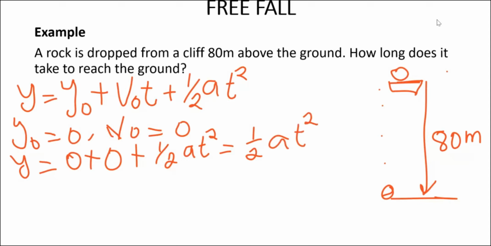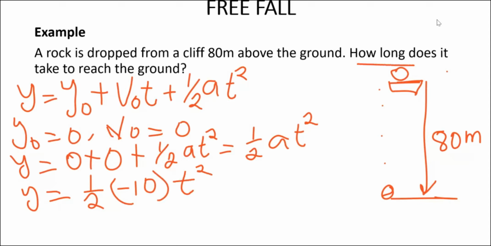Now the a stands for free fall, which is the acceleration due to gravity, that is negative 10. Therefore, y will be equal to half times negative 10 t squared. We're looking for how long.